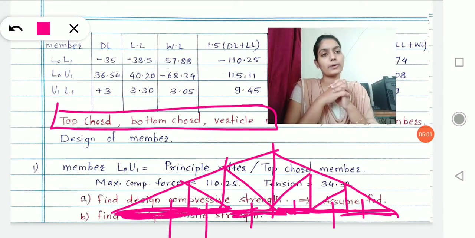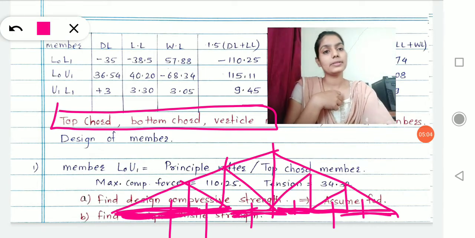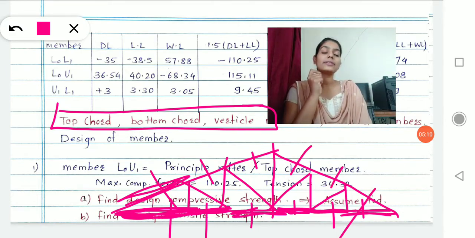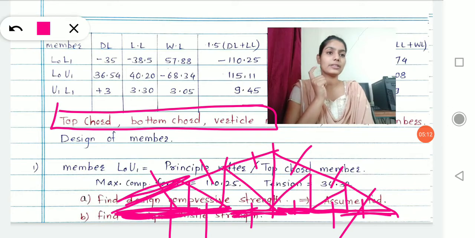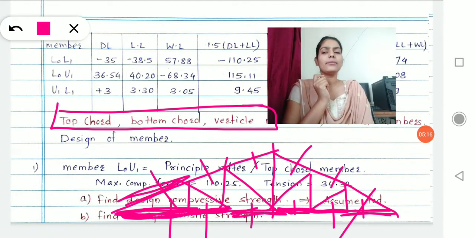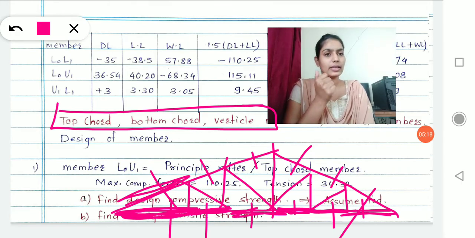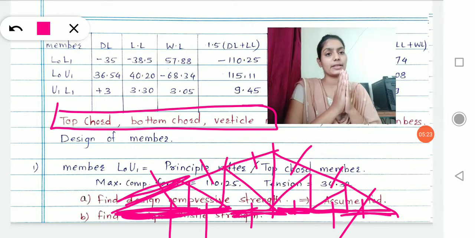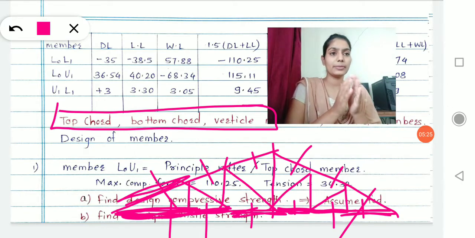Now what is a top chord member? These top chord members are numbered like this: 1, 2, 3, 4, 5, 6. Again you have 6 top chord members and you are supposed to design them separately. What is the difference between them? Why are the top chord members separated from bottom chord members, and why are there separate classifications for inclined and vertical members?